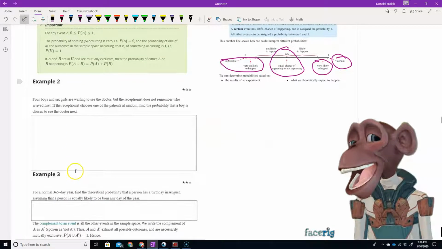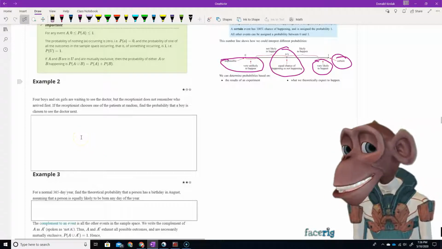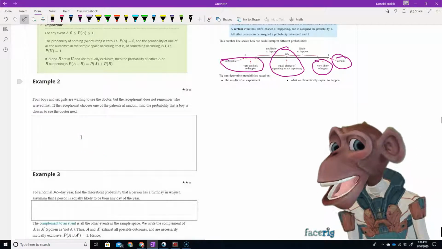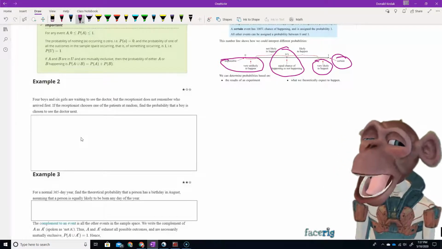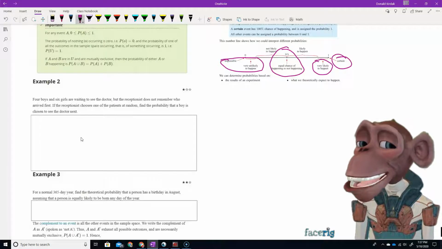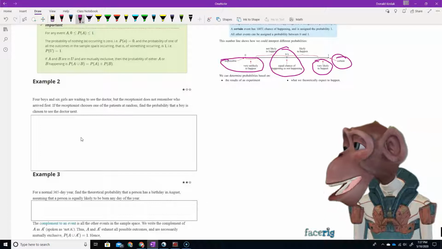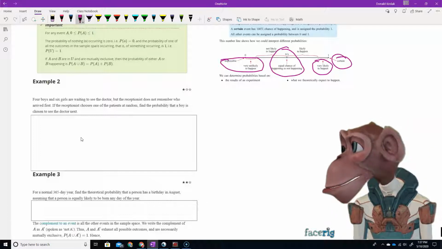All right, so second example here. It says 4 boys, 6 girls are waiting to see the doctor. The receptionist does not remember who arrived first. If the receptionist chooses one of the patients randomly, find the probability that a boy is chosen. Well, altogether, you've got 10, so n is 10.